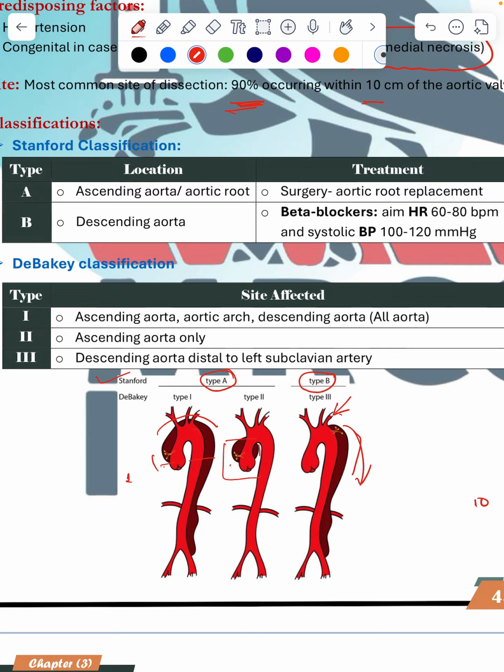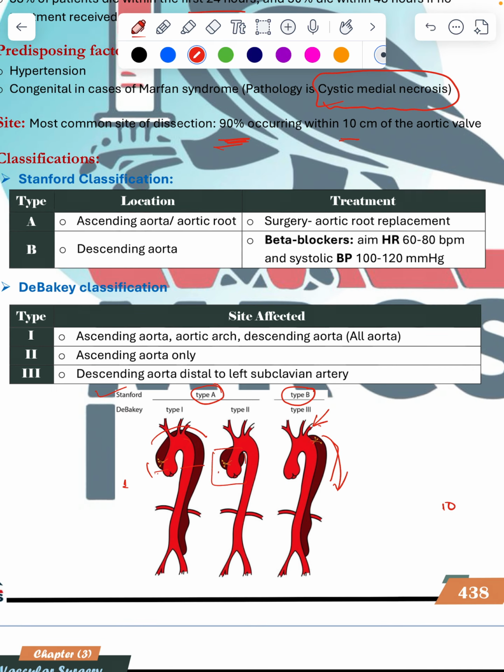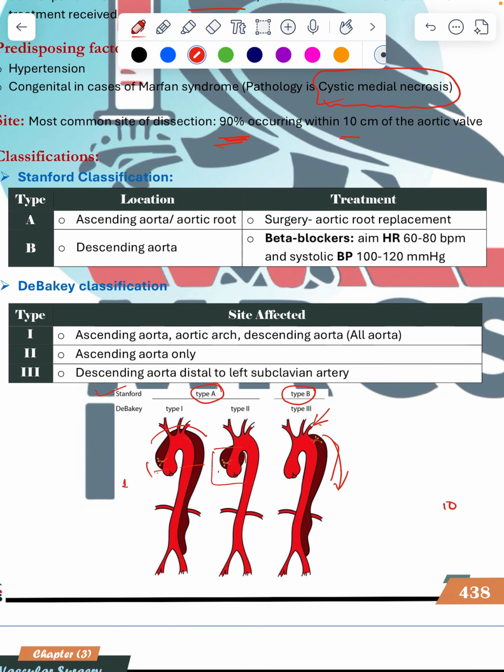Types 1 and 2 are supposed to be type A of Stanford. So what you have to see is that Stanford is by start point.